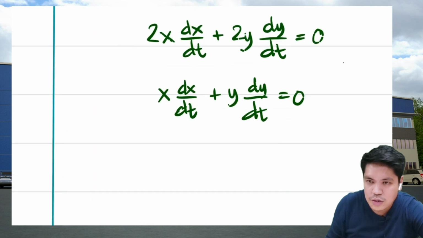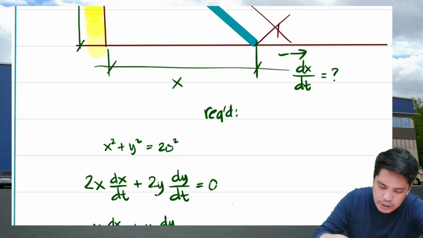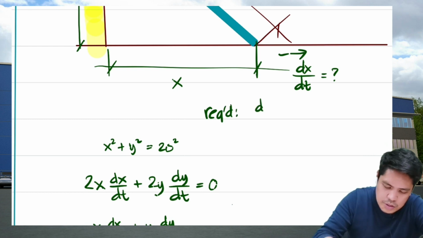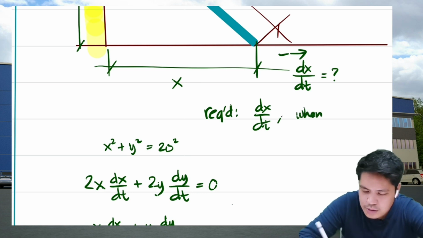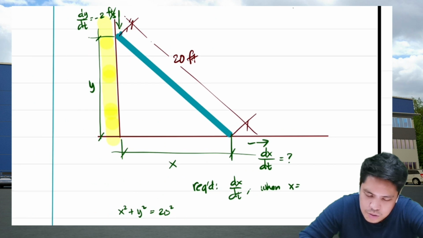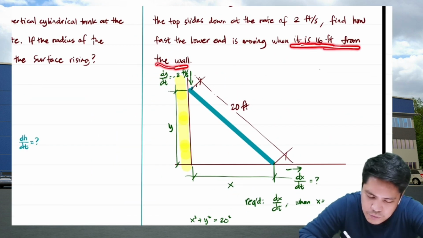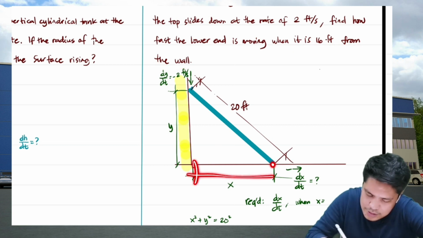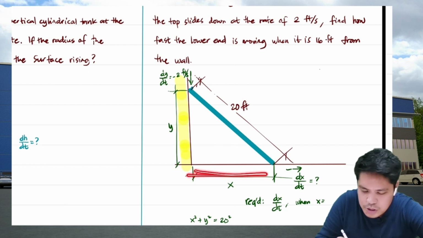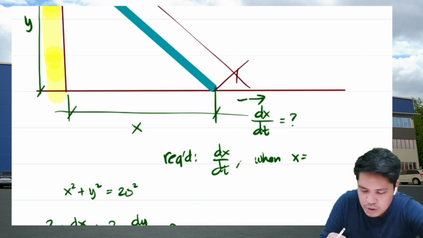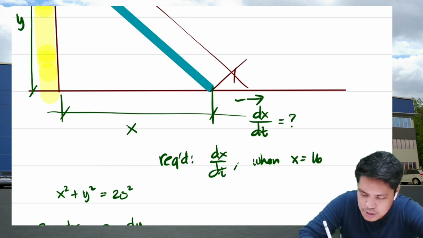So, what is required in the problem is to get dx over dt when x is this, when it is 16 feet from the wall, meaning this end is 16 feet from the wall. Right? X is a variable, but we were given this condition that x is equal to 16 feet.